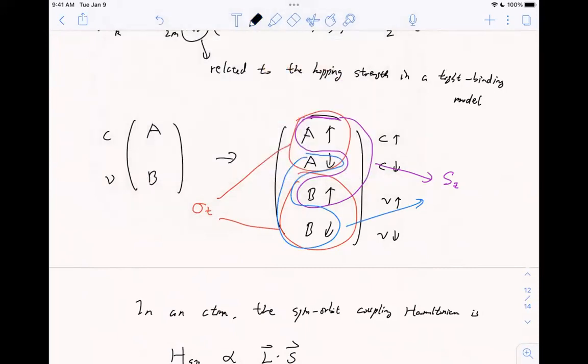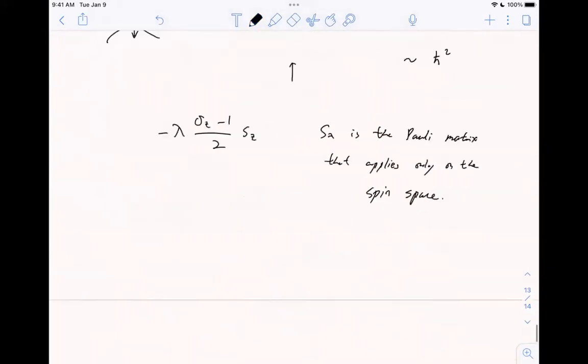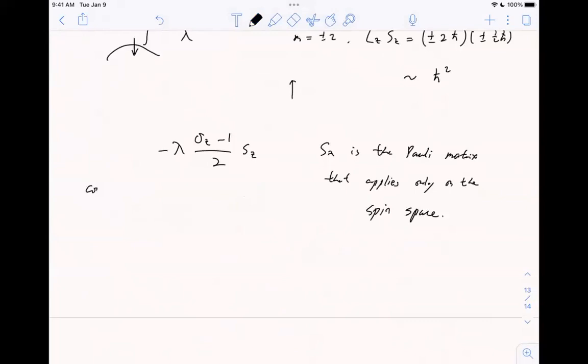So what does this term mean? For the conduction band, sigma z equals 1, so you're taking the 1 here, and 1 minus 1 will be 0.